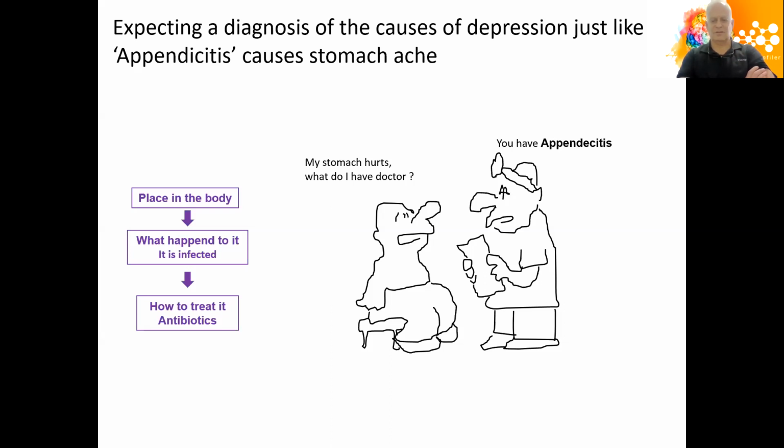But if you don't know what's wrong with the patient, if you don't have a location and mechanism like in depression, then what are you going to treat? What are you going to do in order to cure the patient? And this explains why much of the treatments in psychiatry, especially for severe illnesses, are very ineffective.